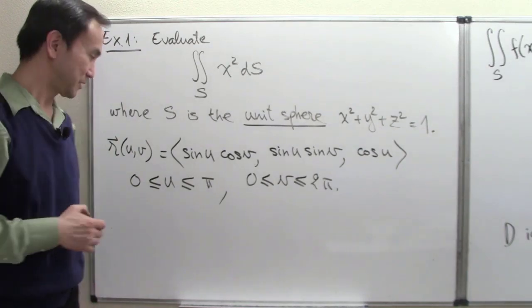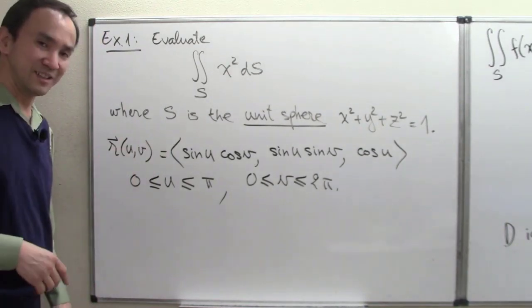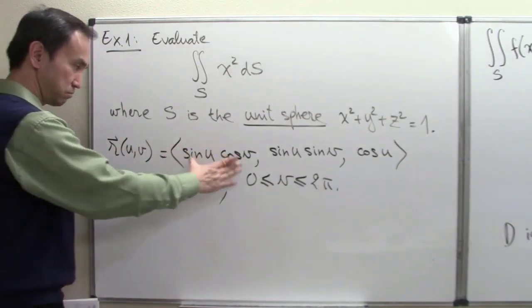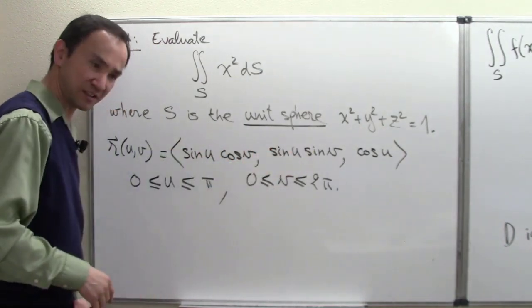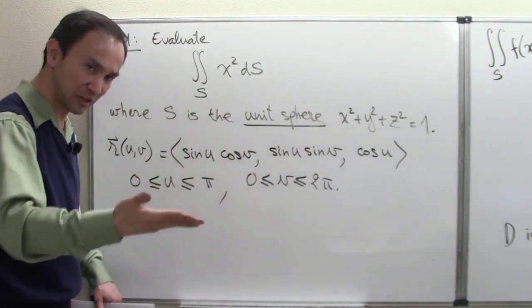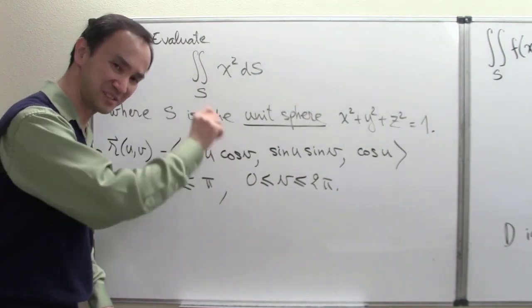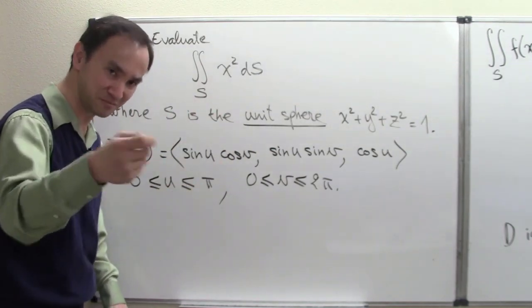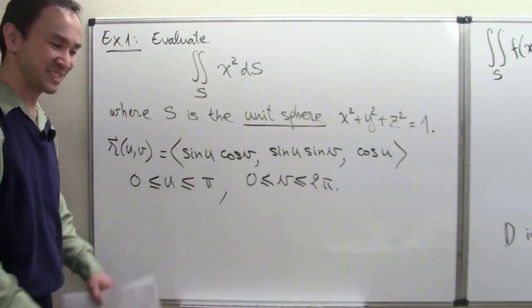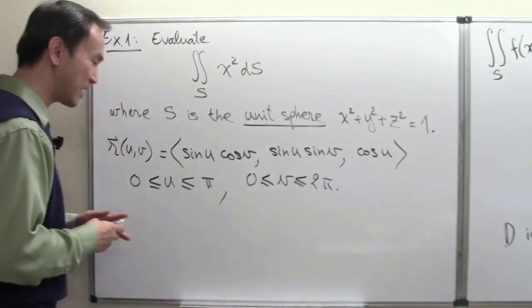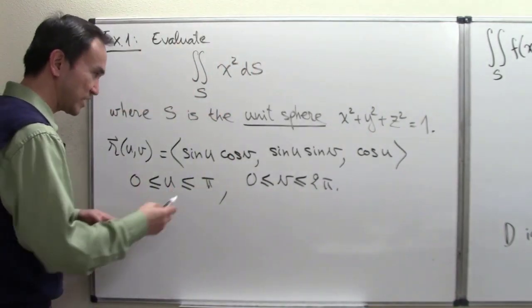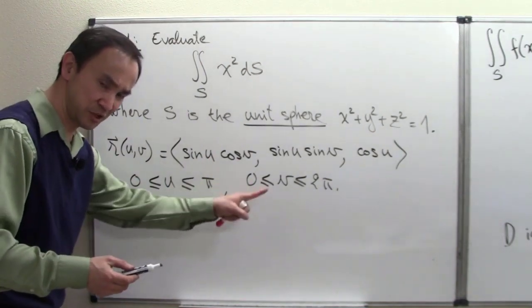All right, so this is how we begin. With this given parameterization, we can think of that as some known information. That's what I meant by S being parameterized with some given parameterization. And so now, as far as doing the calculation, we will need R sub u and R sub v.